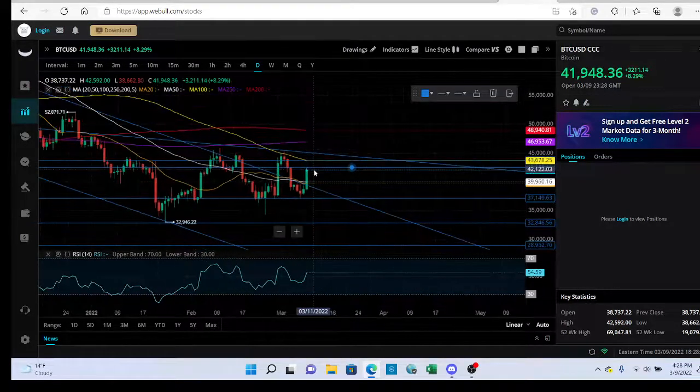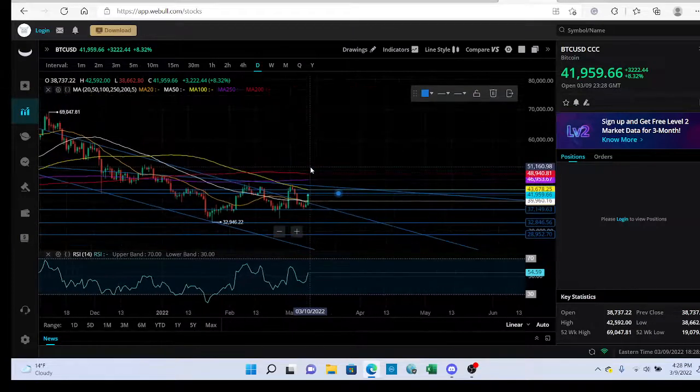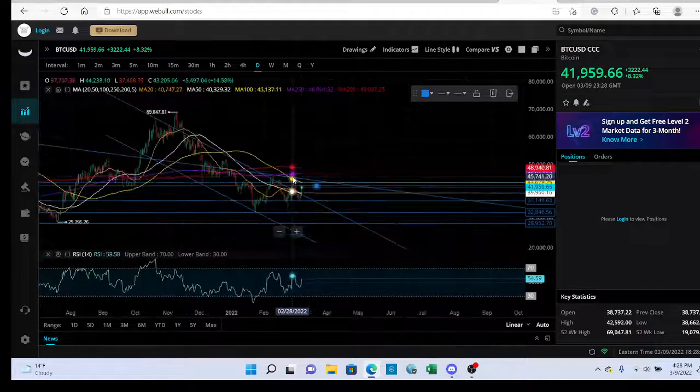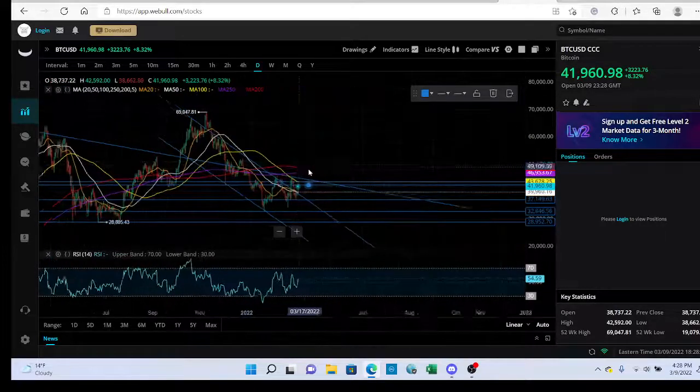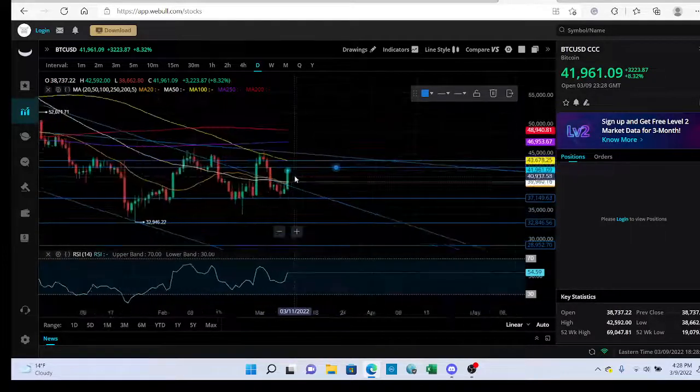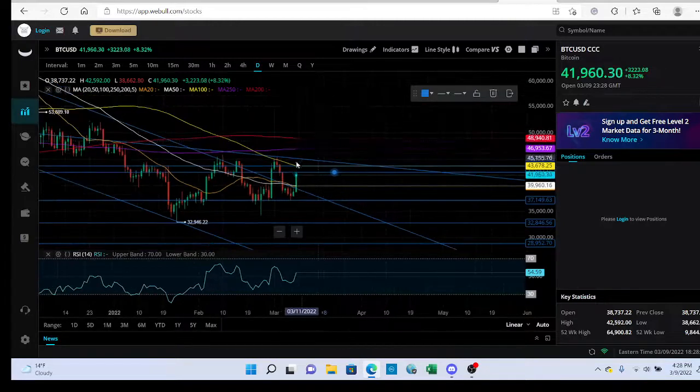So right here, the shorter term resistance is going to be right around here at 42,500-ish, and then the larger resistance is going to be this trend line right here, and that would put us at around 45,000-ish if we get there in a short amount of time. So definitely look out for that.